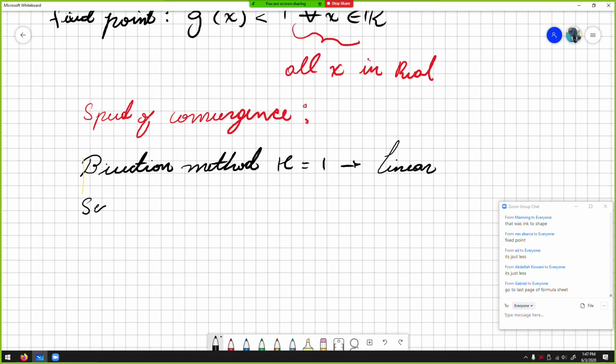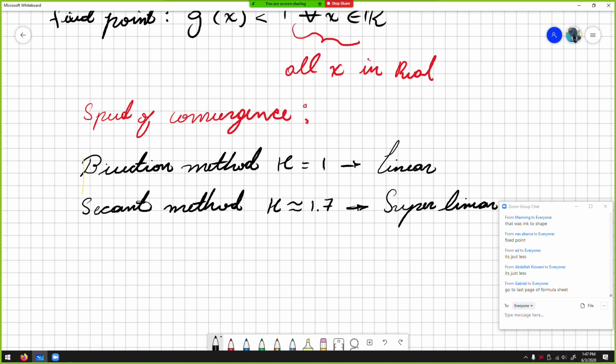And the secant method, the speed of convergence is approximately 1.7. I know it's like 1.6-something, but I'm just going to go with 1.7. And this is what is called superlinear. And Newton-Raphson, which is the last one.